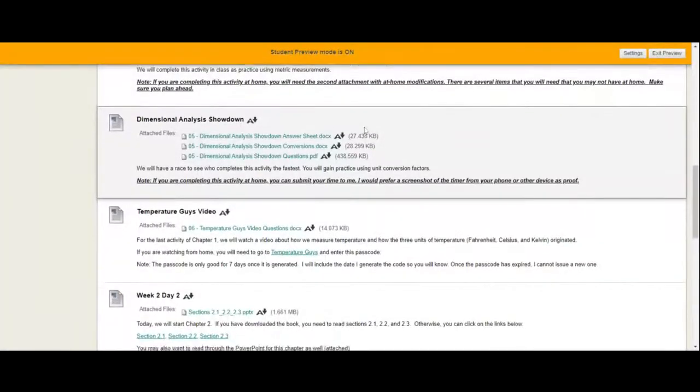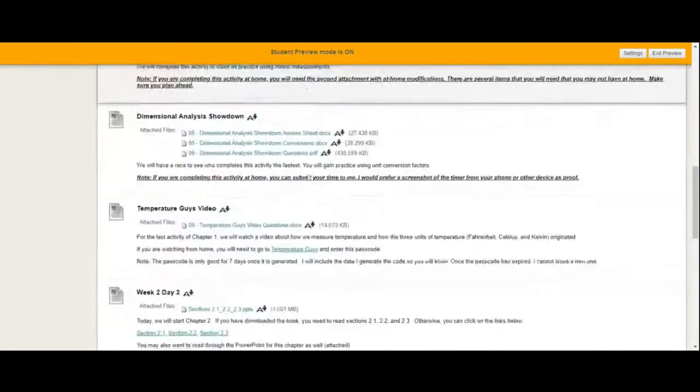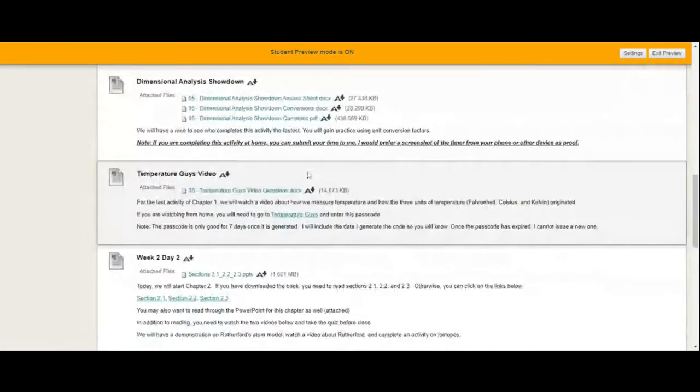Okay, so we have the practice with the metric measurements, and then after you finish that, we have what's called the dimensional analysis showdown. And in the classroom, we're going to have a race. I'm going to pass this out to the students, and we're going to have a race on who completes this activity the fastest, and there'll be some bonus points awarded.